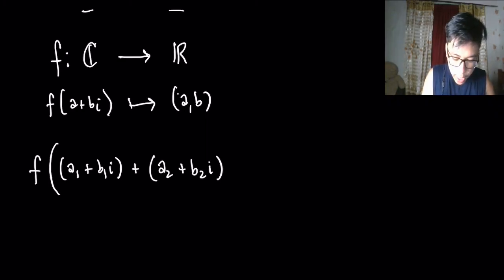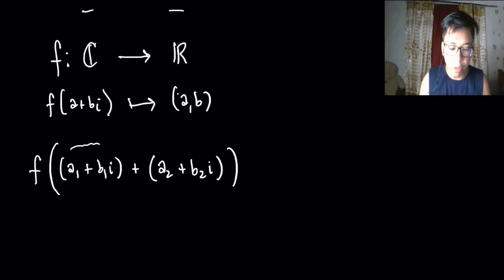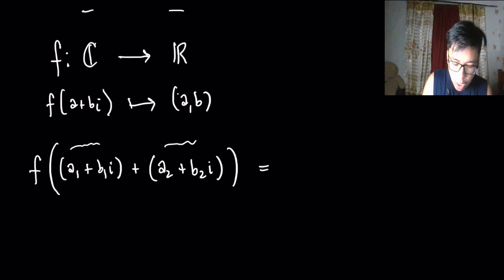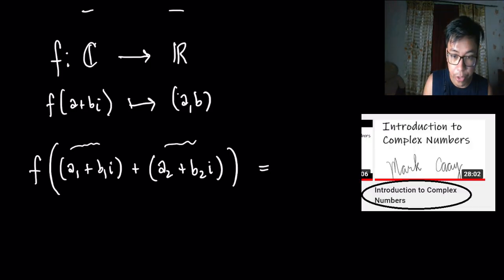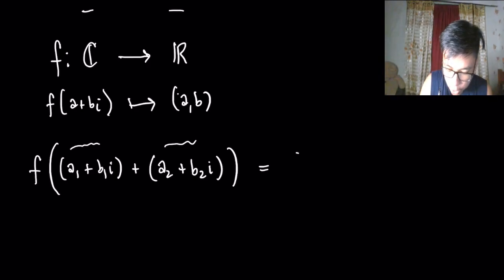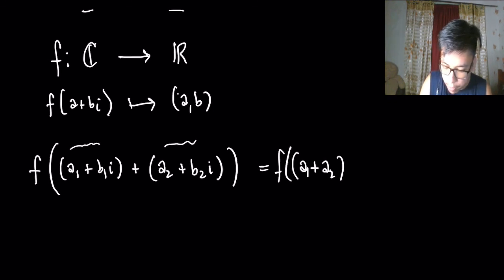So which means to say that these are two elements here coming from your C. Then by operation of complex numbers, which I have explained on my previous video about complex numbers, this is equivalent to a1 plus a2 plus b1 plus b2i.